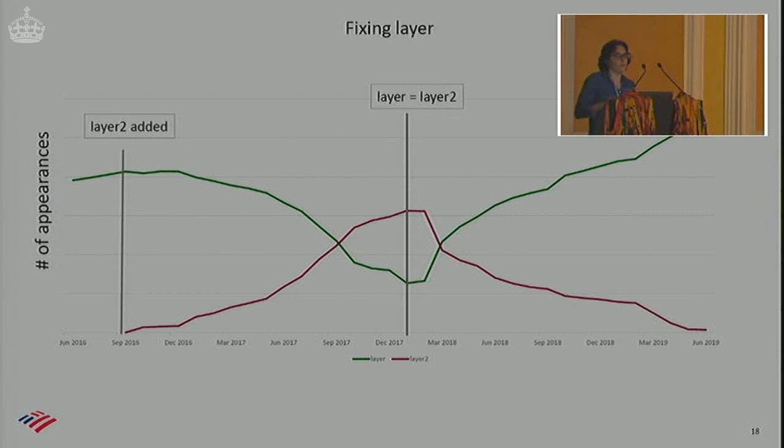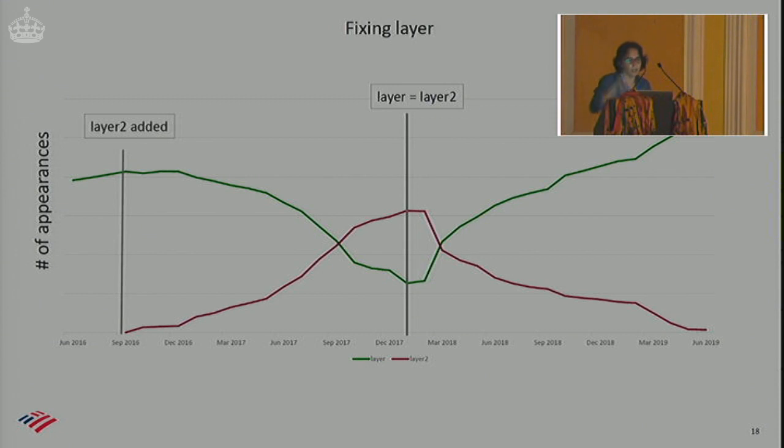So what we did is we versioned the feature. We added layer 2 and said we're going to fix this bug and a few other minor bugs, and we gave people a list of all these 800 places where they're vulnerable to the problems and asked, can you just migrate, test, release, do it by the end of the year or end of next year? And we started in September 2016.